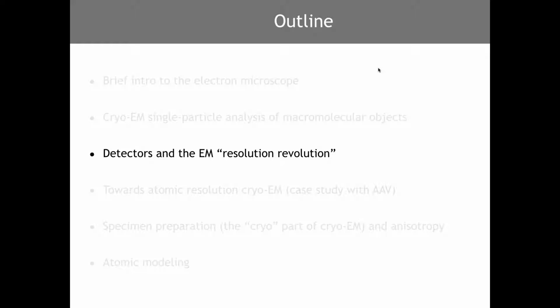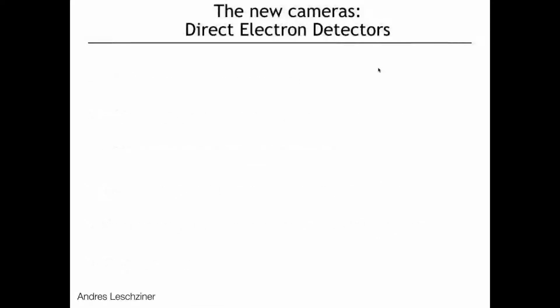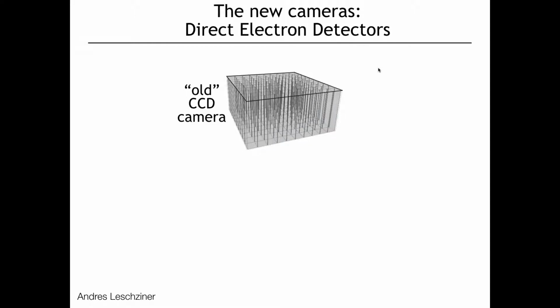So what are these detectors? The old CCD, charged coupled device cameras, basically have pixelated detectors.